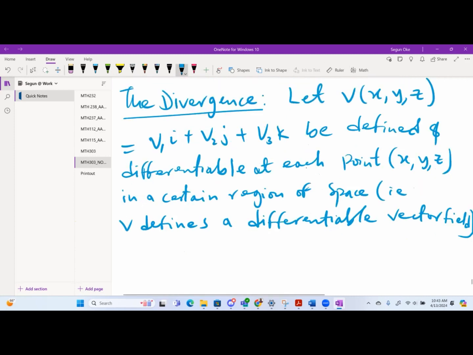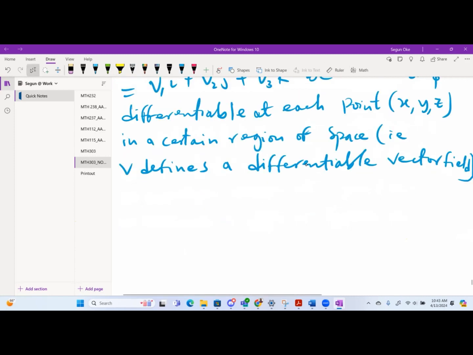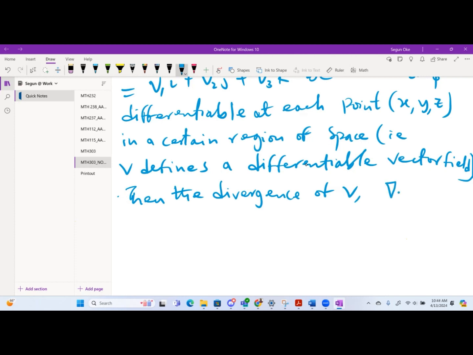Then the divergence of V will be written in this form, del dot V. Remember, del dot V is equal to d/dx i plus d/dy j plus d/dz k dot v1 i plus v2 j plus v3 k.